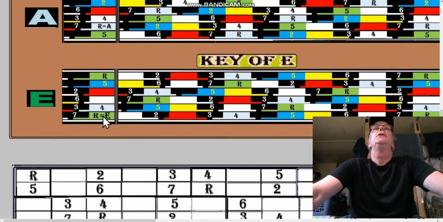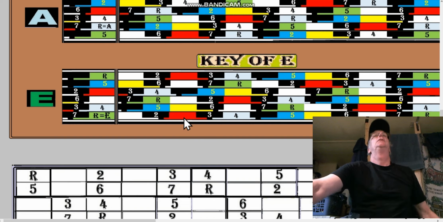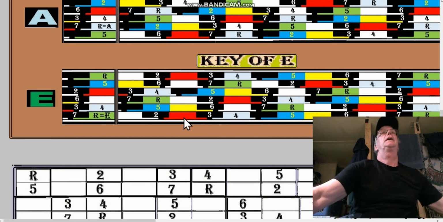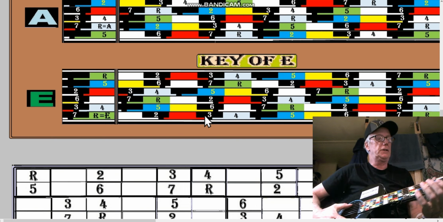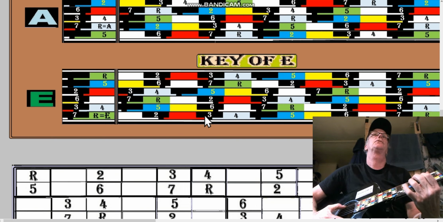So what we want to do is maybe play the pentatonic. Again, we have root 2 3. That's our straight run. Root 2 3, skip the 4, so we go 5 6. So it's root 2 3 5 6.